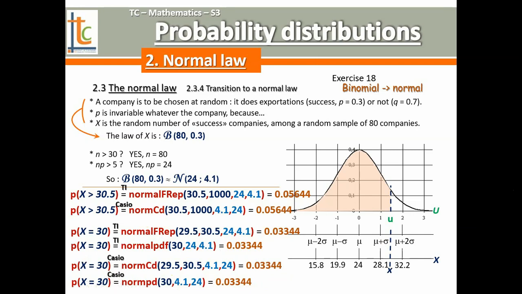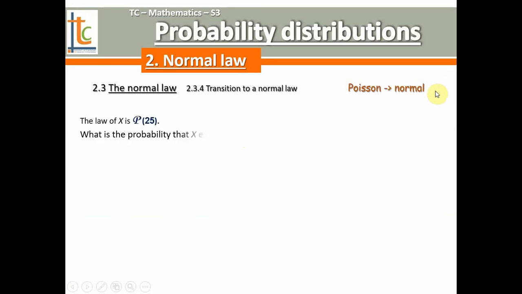So, last example, and it will be quick: let's see what we can do if we want to go from a Poisson distribution to a normal one. Let's take a variable that follows the law P of 25. So lambda equals 25 is the parameter that is at the same time the average value and the variance of the law.